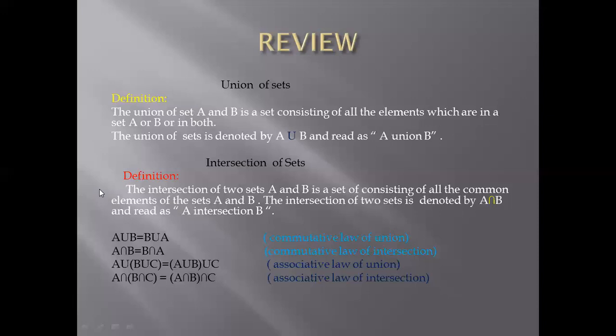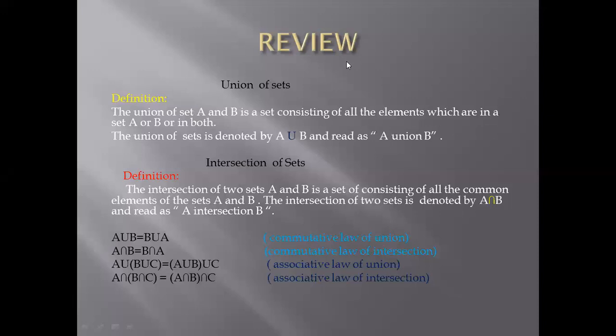Then we come to the properties or laws. Commutative law of union: I told you that we take the left hand side and right hand side, and we prove that both sides are equal, for union as well as for intersection. But in the commutative law, only two sets participate, and in the left and right hand side, A and B only change their position.